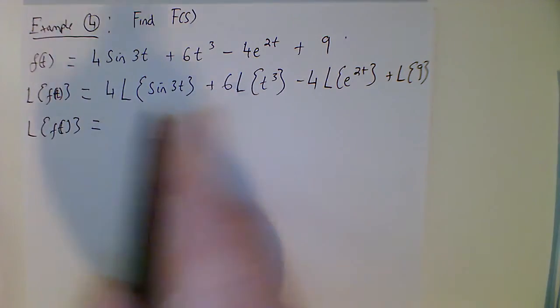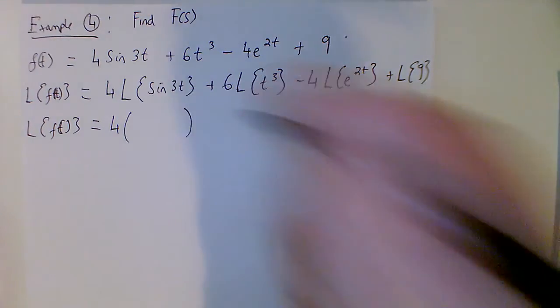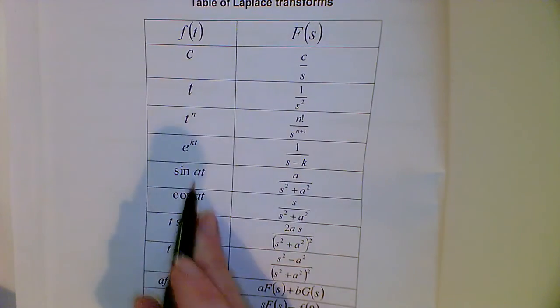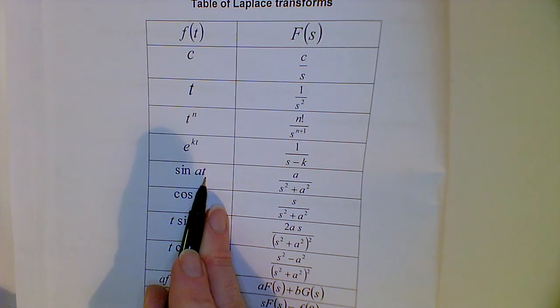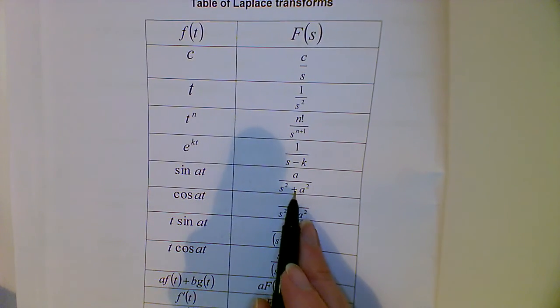So that's 4 times the Laplace transform of sine 3t. I get my table out, and I want sine 3t. That's going to be 3 over s squared plus 3 squared.